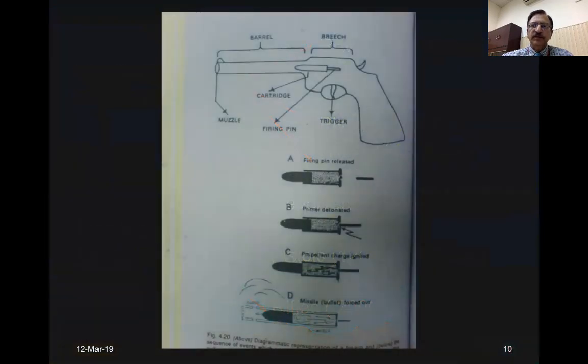So the chain of events is shown diagrammatically: the trigger is pulled, the firing pin strikes the primer cap, the primer ignites, which leads to ignition of the main powder charge, and a tremendous amount of energy is released, which pushes the bullet out of the barrel.